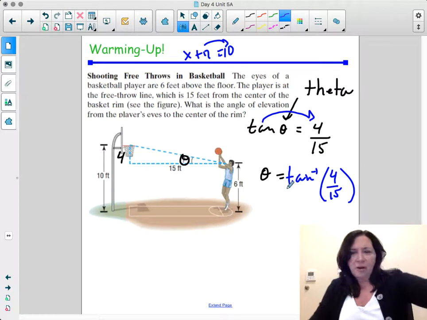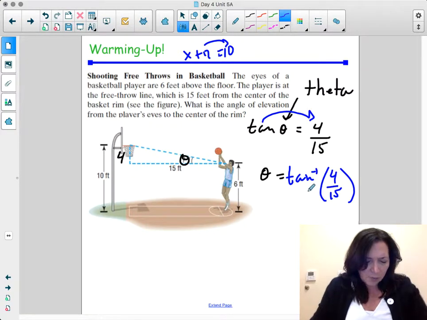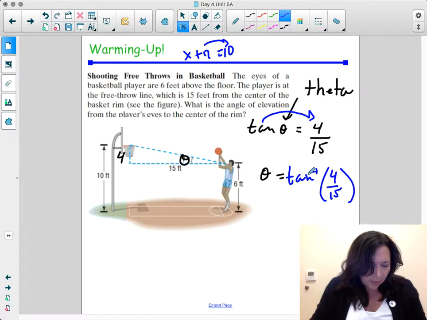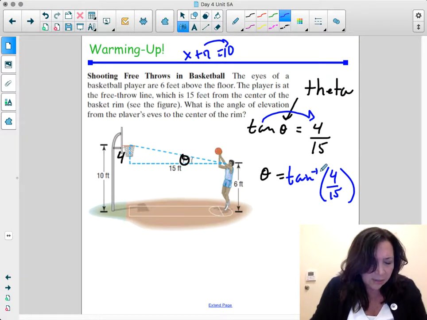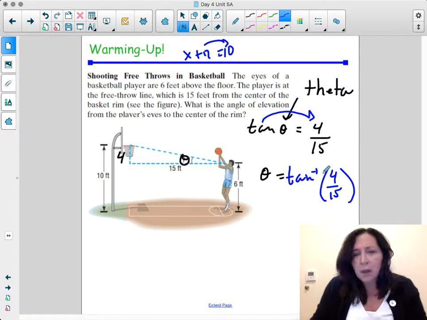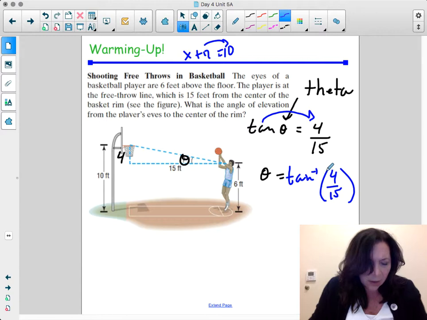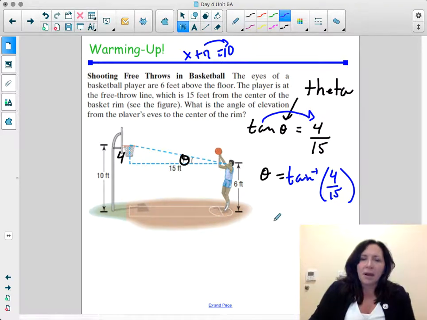So you're going to find arc tangent. Do make sure that your calculator is in degree mode. That's really important. We're going to find arc tangent of 4 divided by 15. My answer is about 14.93.